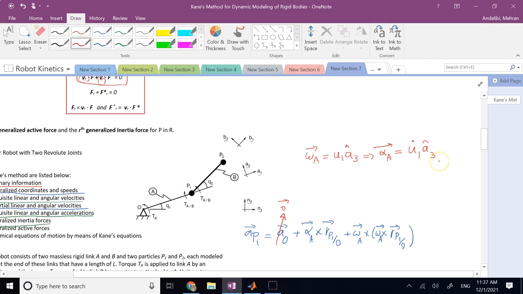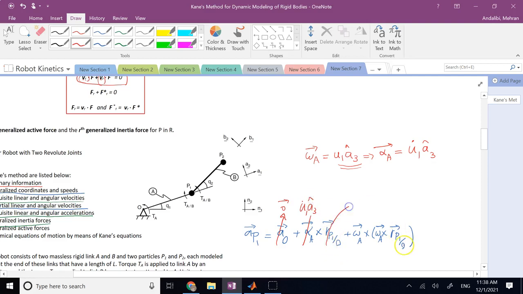This is all planar motion. You might say, well, when you take time derivative, A3 does have derivative, doesn't it? No, not in this case. Because A3 is always perpendicular to the board, out of the board, so A3 does not change its direction, so it doesn't have a time derivative. So in this product, the only term that has a time derivative is the first one. That's alpha of A. So let's write it down. That's U1 dot A3.